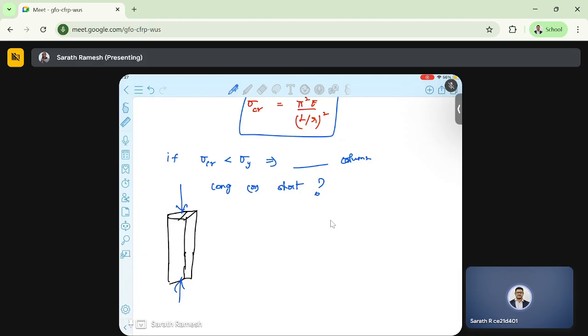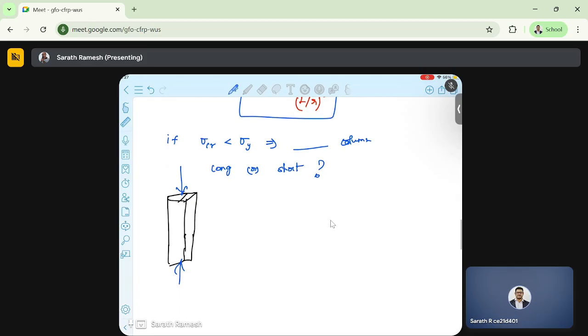When the particular principal stress crosses the yield stress, it's going to fail, right? That is what we have seen so far.